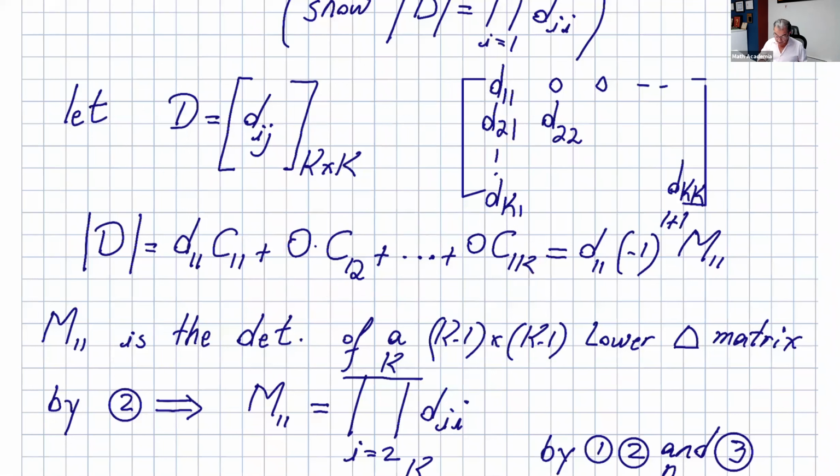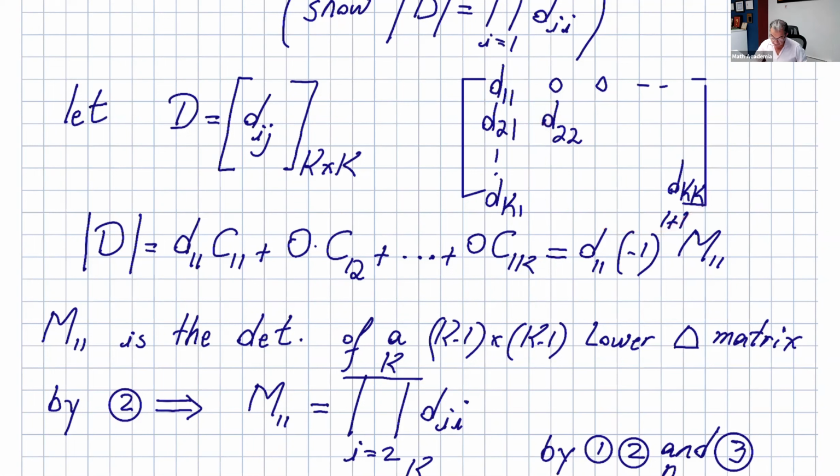What we get is D11 times negative 1 to the power of 1 plus 1 times M11. And that's also a lower triangular matrix.